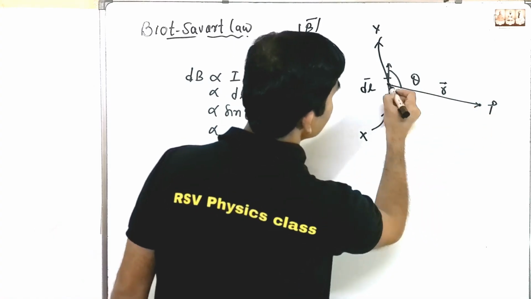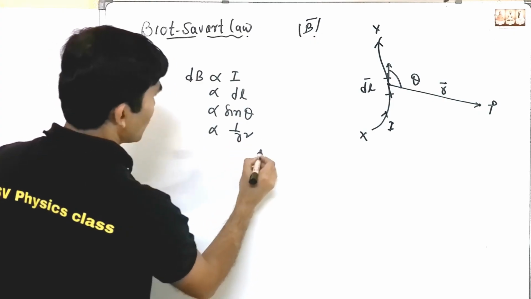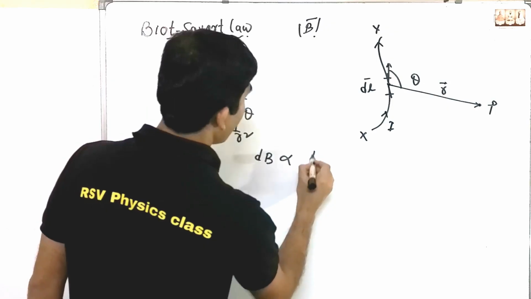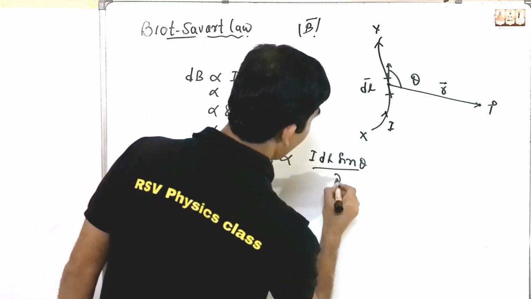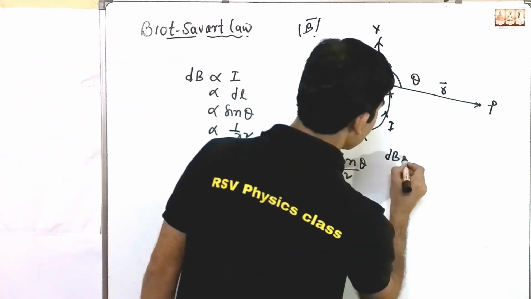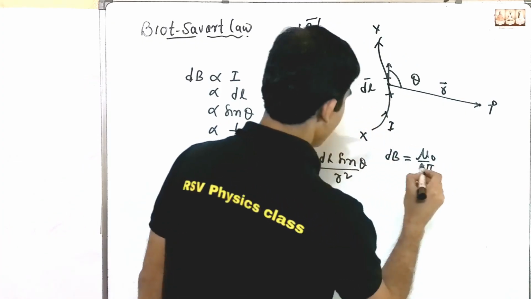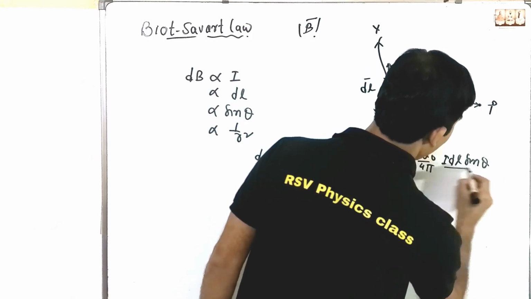So the magnetic field is proportional to 1 upon r square. So dB is proportional to I dl sine theta over r square. There is a proportionality constant: dB equals mu 0 over 4 pi times I dl sine theta over r square.